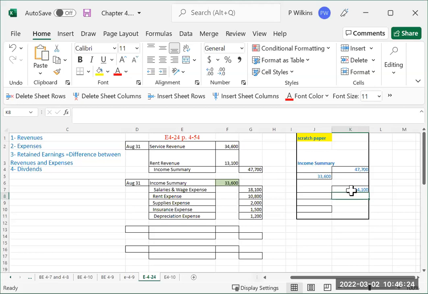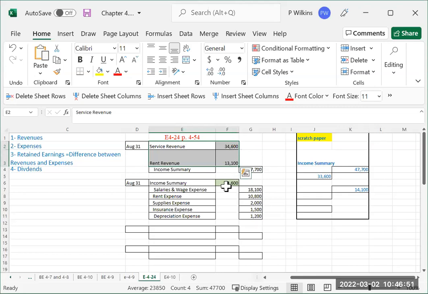The other way to think about it is that retained earnings has a credit balance, and what I'm retaining is the difference between what comes in, revenue, and what goes out, expenses. So I would be crediting retained earnings for that amount, which means I'd be debiting income summary. That's another way to think about it. And the way you would do that is you would look up above and go, well, revenue was a total of $34,600 and $13,100.